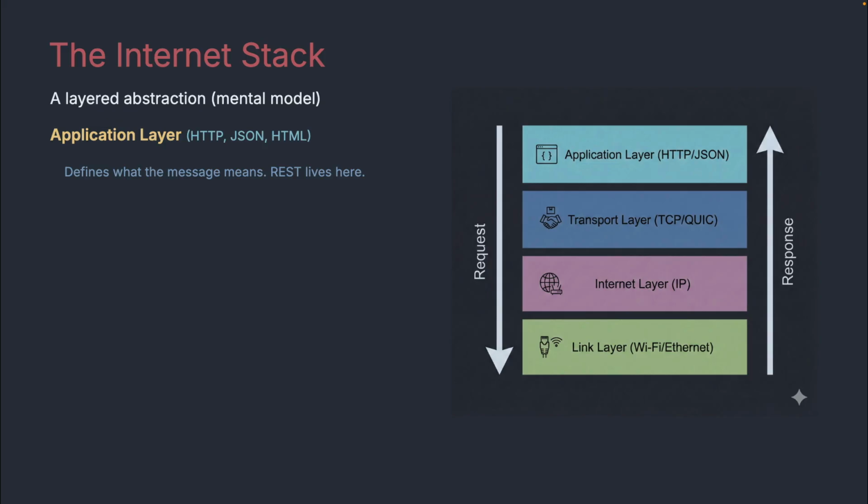Now, below the application layer, we have the transport layer. The transport layer is where we have TCP, where the package being sent from one node to another is separated into different elements. The more modern one uses the QUIC protocol.